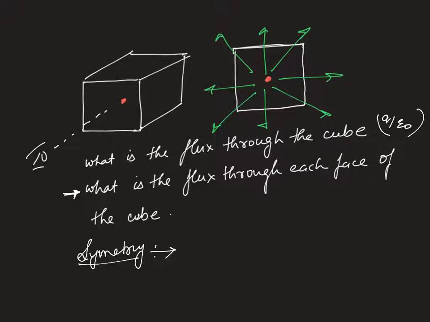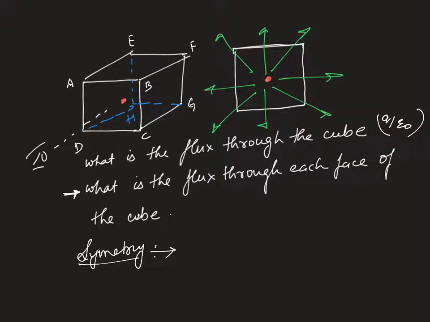So, since all these faces are symmetric, how many faces does a cube have? Let's count the number of faces first. So this is A, B, C and D and E, F, G, and there is a hidden one. The hidden one I am going to draw with a different color. Okay, so this is, let's say, H. So how many faces do we have?